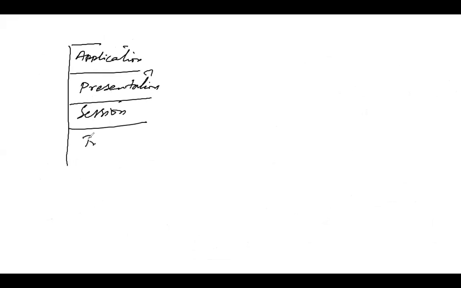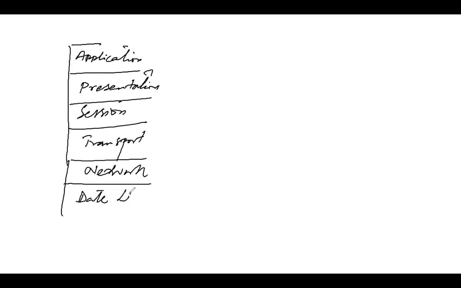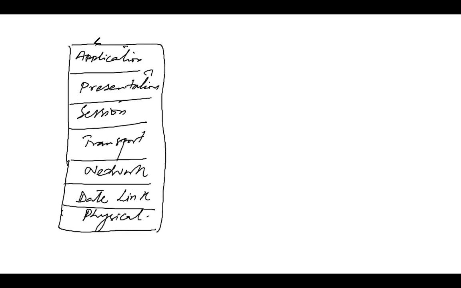We have a transport layer. We have a network layer. We have a data link layer. And the last one is the physical layer. So these are the 7 layers.